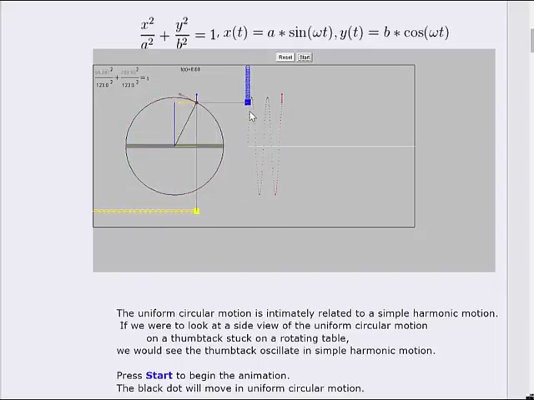The position of the mass at the end of the spring is the same as the vertical position of the rotating mass. That's the blue line here. Of course, for that to happen, the amplitude of the oscillation of the spring has to be equal to the radius of the circle.